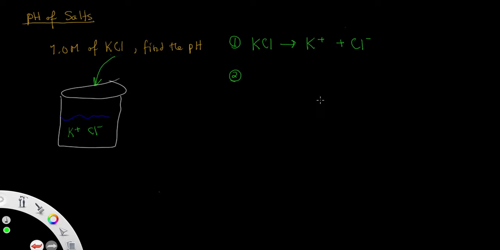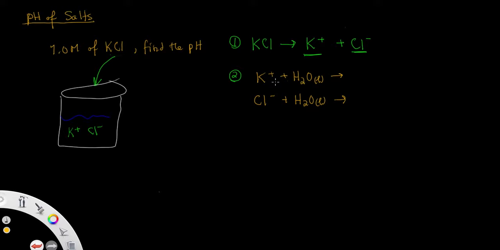So the second step is to take each of the ions that we dissociated and add that to water. So K plus reacts with the water we have in the beaker, and Cl minus reacts with the water we have in the beaker.